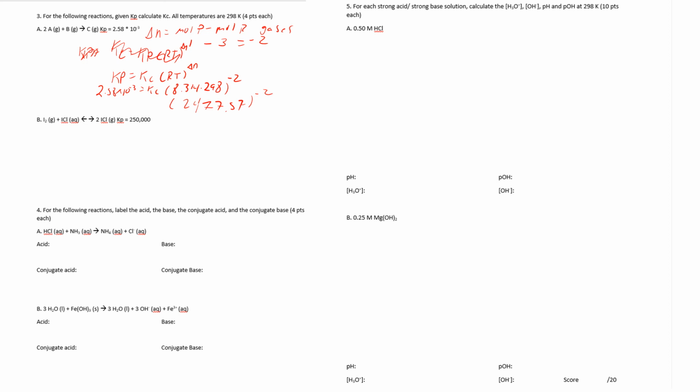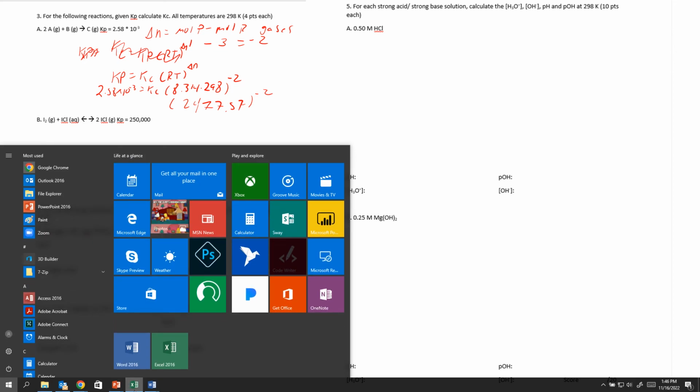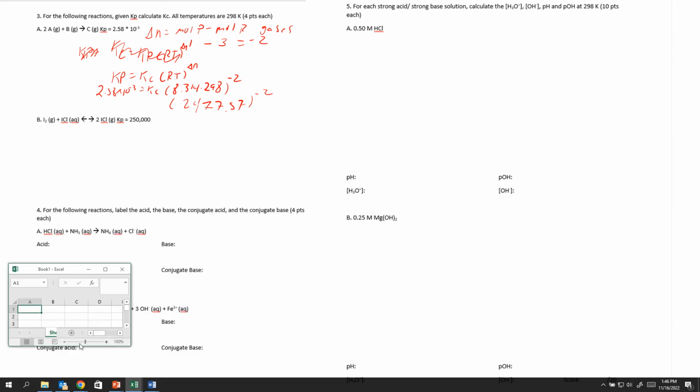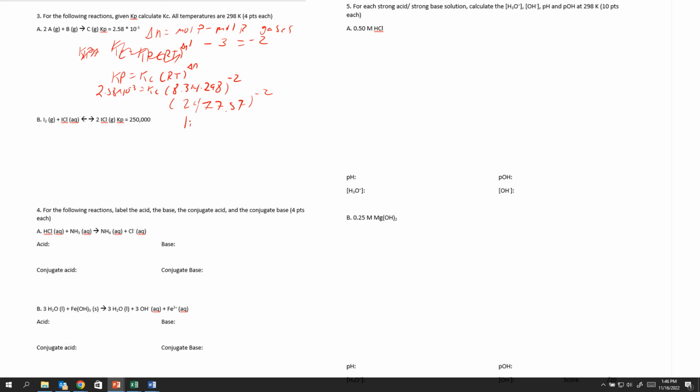Get out Excel here. Do that really quickly. 2477.57 raised to the power of negative 2. That's 1.62 times 10 to the minus 7.